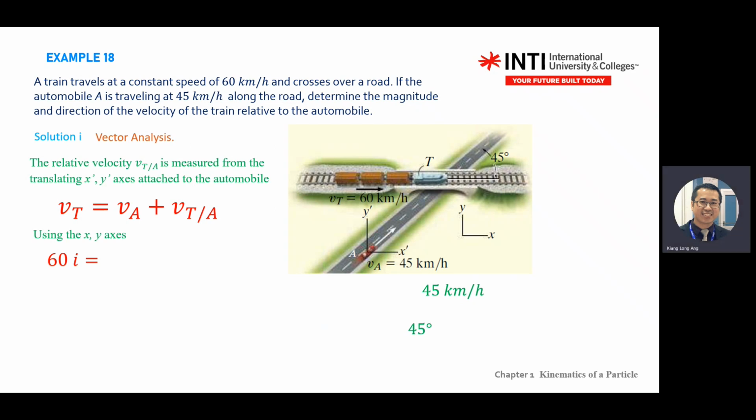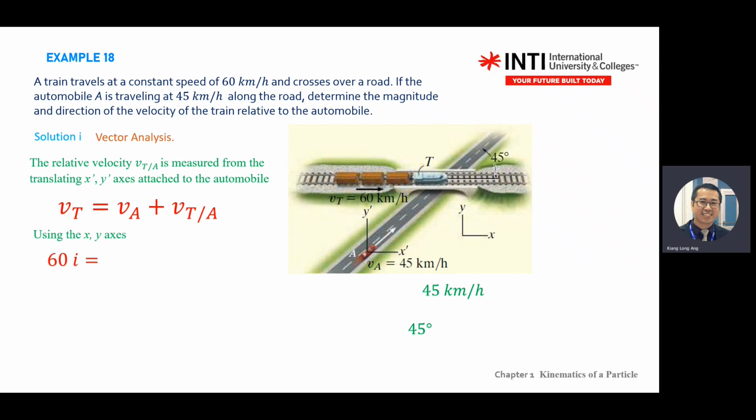How do you write Va? You know there's a 45 degree angle there. What about the y direction? Just now you mentioned 45 cos 45, but that is only x.